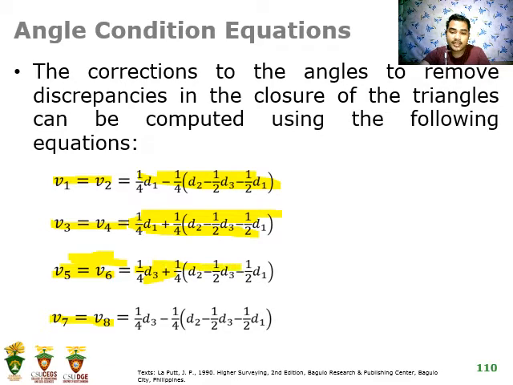So, mao na siya ang equation. And for V7 is equal to V8, the formula is 1/4 D3 minus 1/4 times D2 minus 1/2 D3 minus D1. Dali rin siya memorize in class, no?